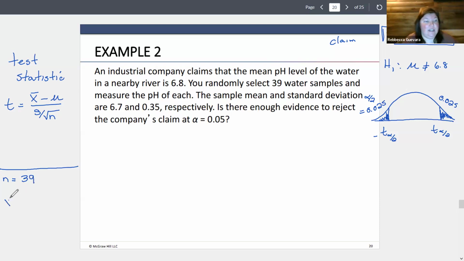We found that the mean from all of these was 6.7, and that the standard deviation of those samples was 0.35.